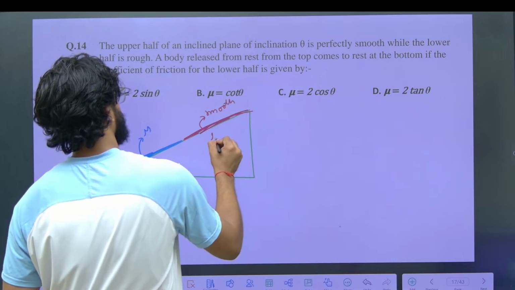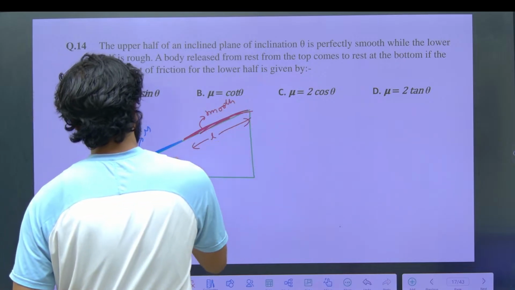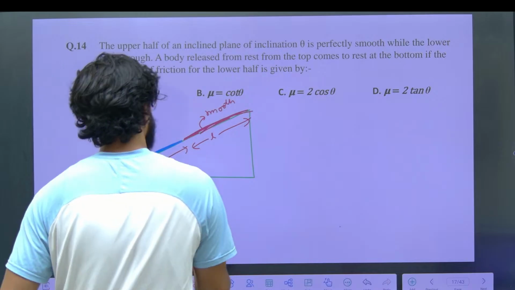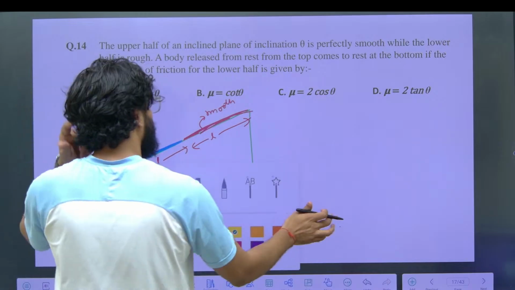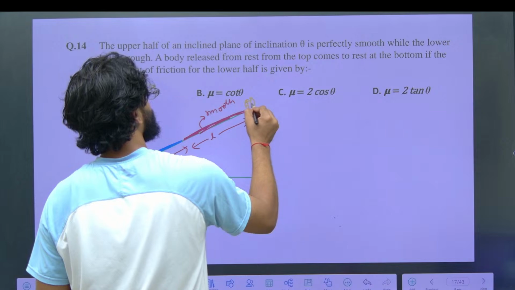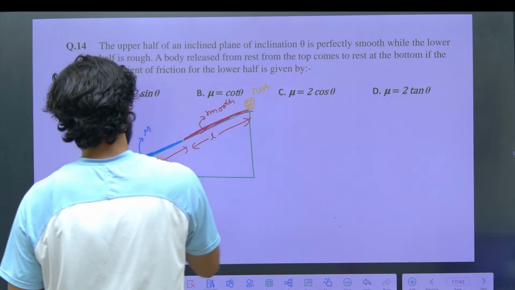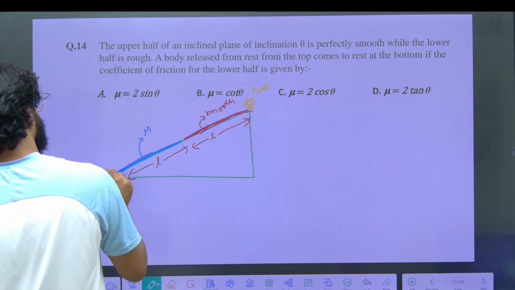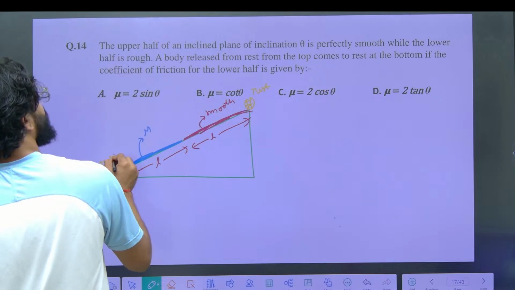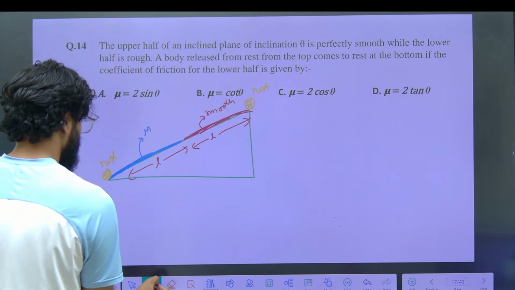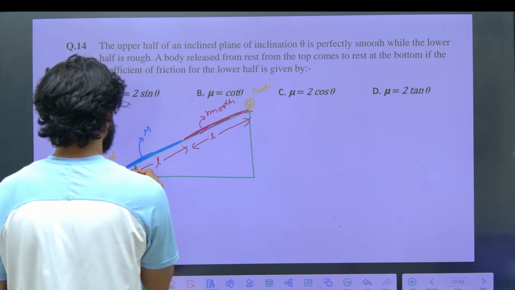Let's say this length is L and this length is also L. So if a body is released from here from rest, finally at the bottom it comes to rest. Inclination is given as theta.